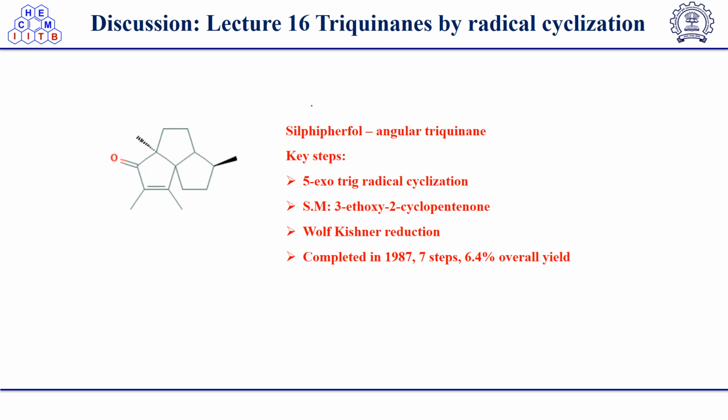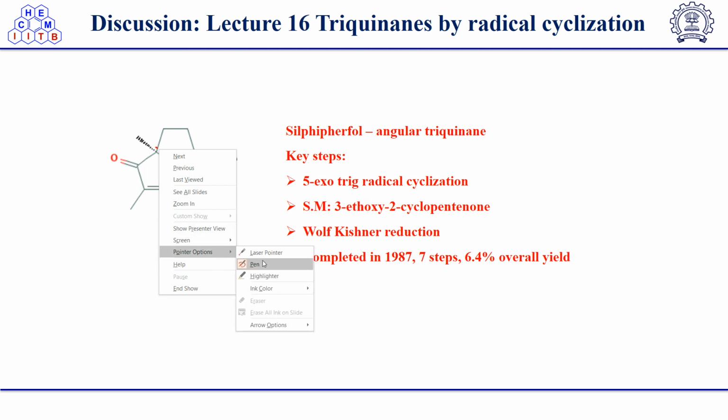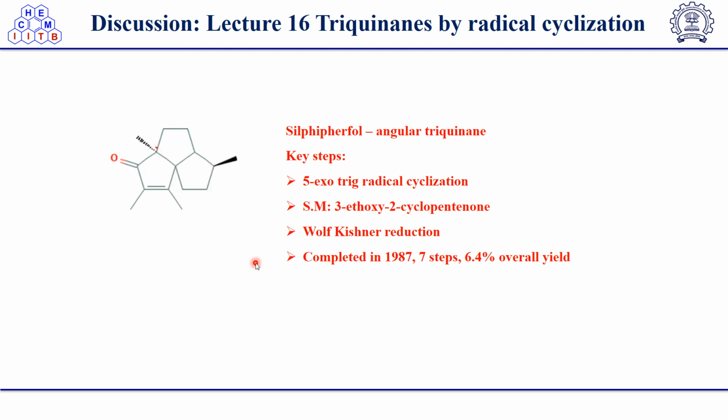This lecture basically involves only the repositioning of a side chain on the cyclization template to get this angular triquinane, by the extension of the tandem radical cyclization strategy. The key reaction was this 5-exo-trig radical cyclization, and the starting material used was 3-ethoxy-2-cyclopentenone.